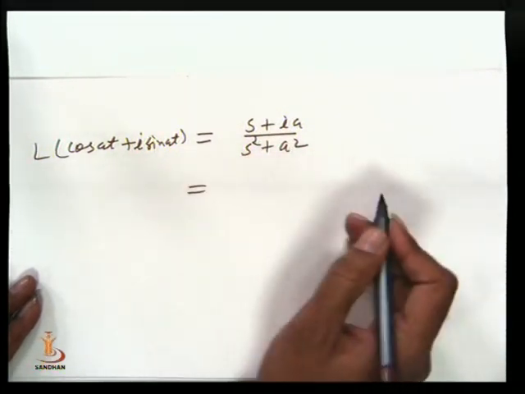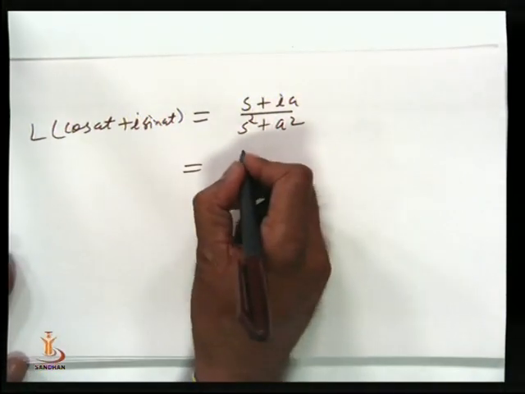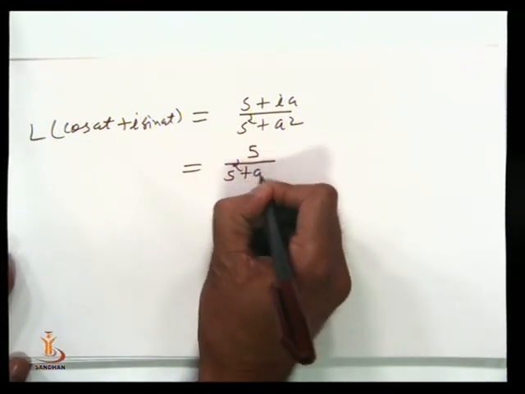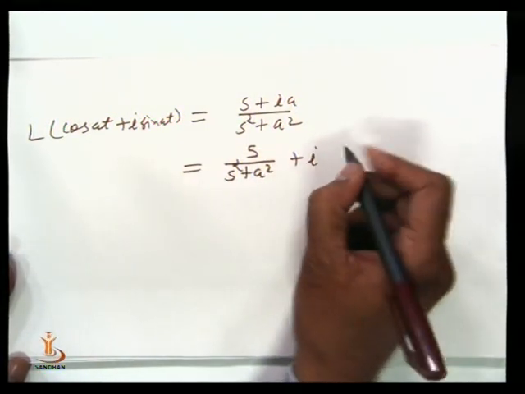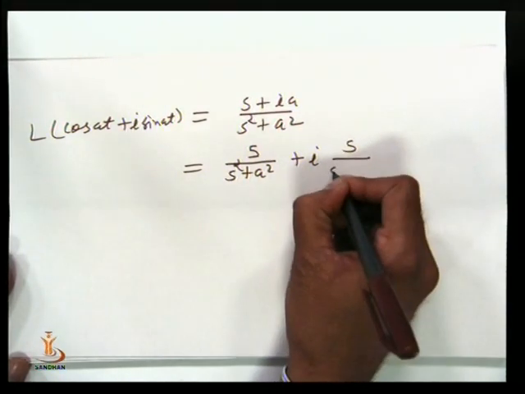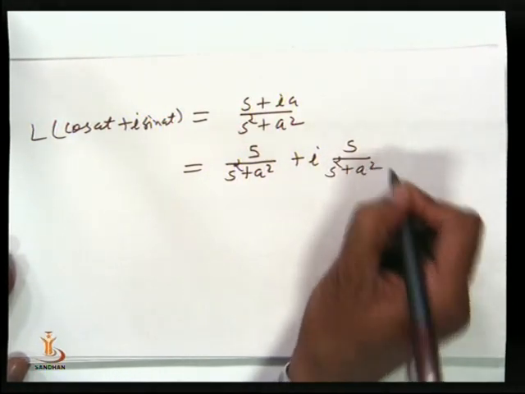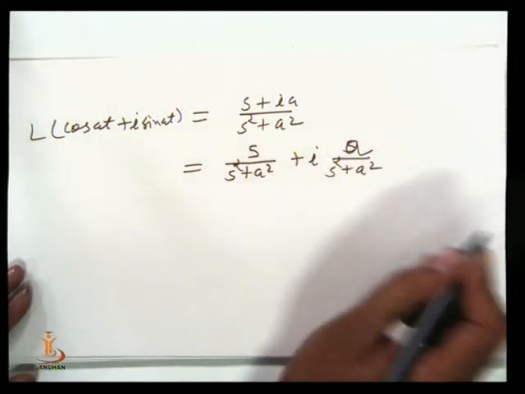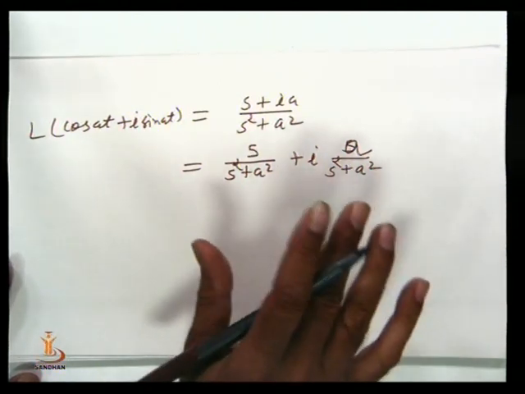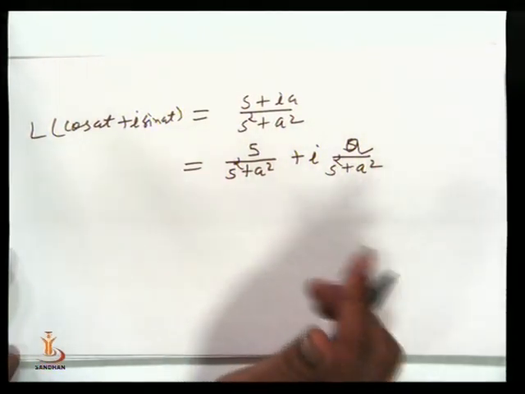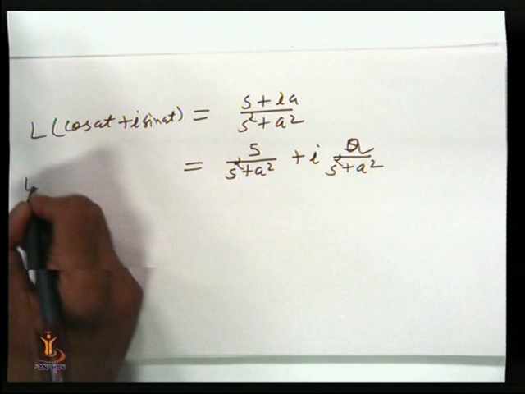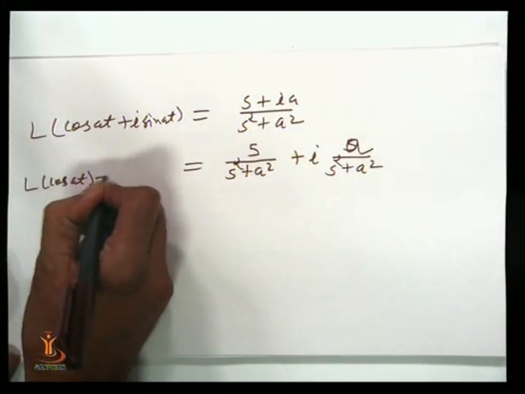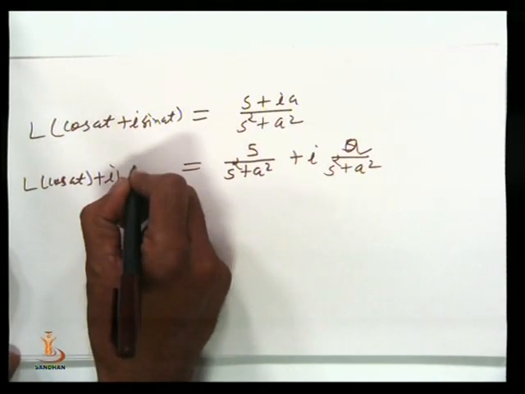Now in the right hand side we divide individually. So we get s upon s square plus a square plus i into a upon s square plus a square. Now we compare the real and imaginary parts. Left hand side will become L of cos at plus i L of sin at.